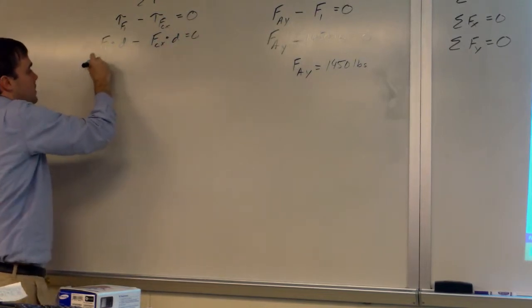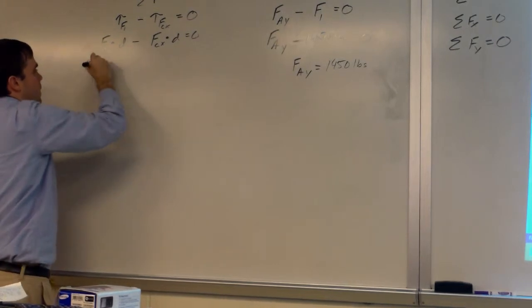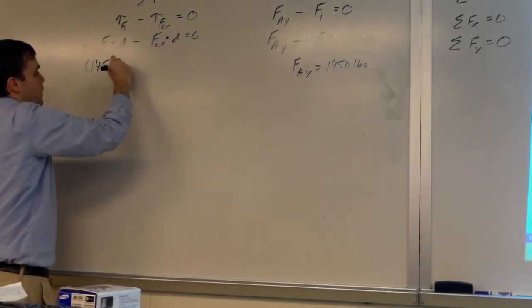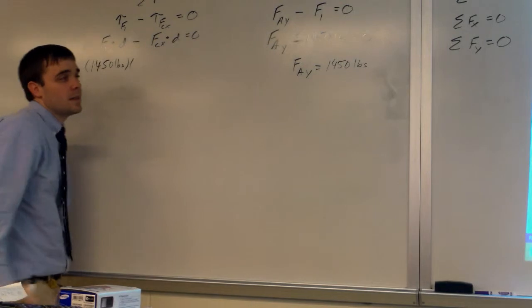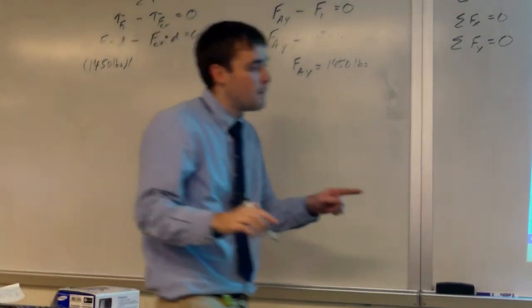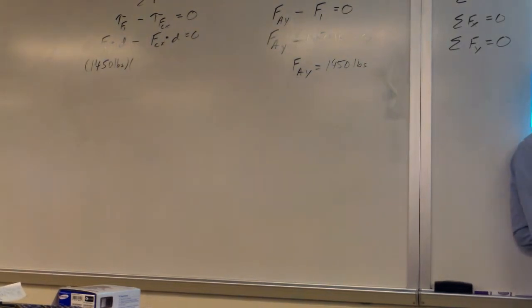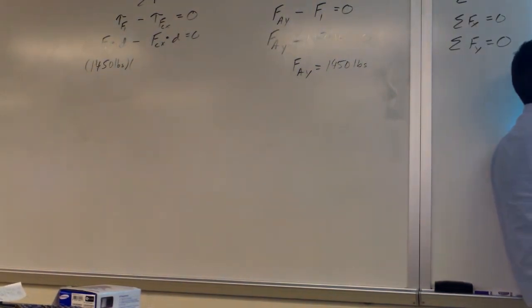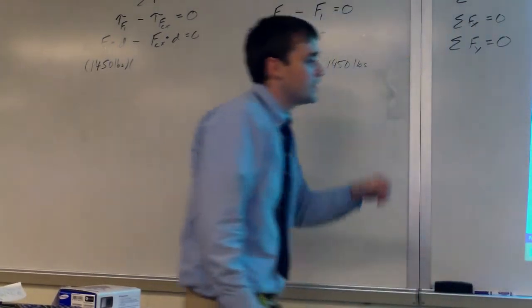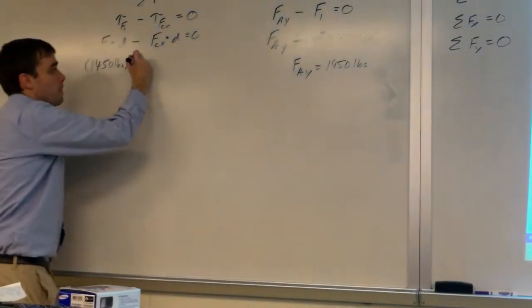F1 is 1450 pounds times its perpendicular distance from the pivot point. So we start at F1, we go only perpendicular to it toward the pivot point, and we get to here, and that's as close as we can get. That is our perpendicular distance for F1, and in this case it is going to be 11 feet.